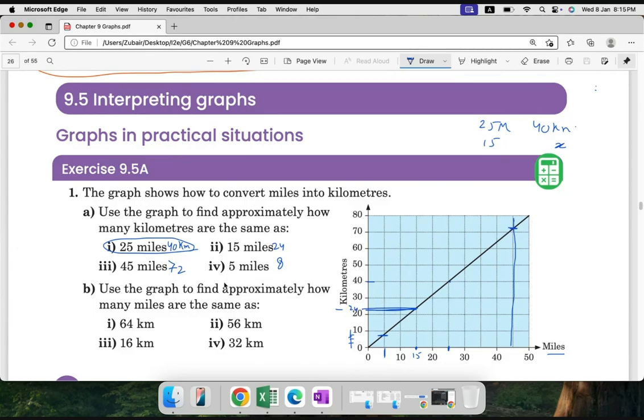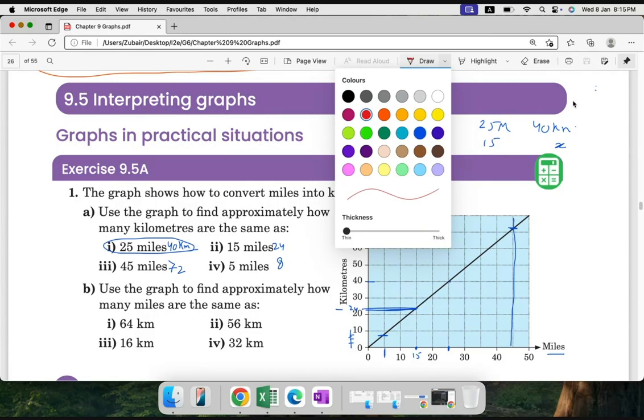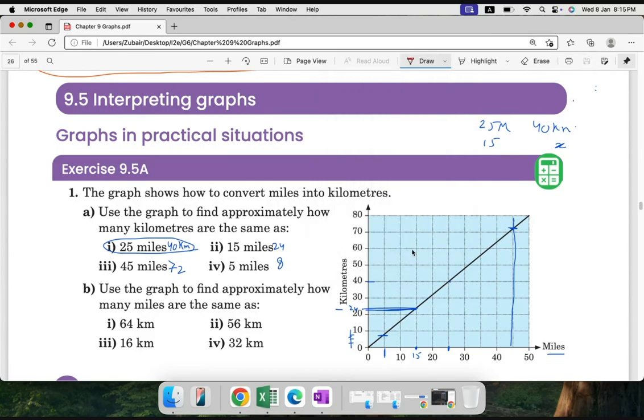Same graph, use the graph to find approximately how many miles are the same as 64 kilometers. Kilometers are on the y-axis, 50, 60, the midpoint should be 65.